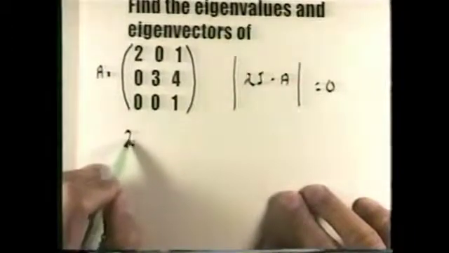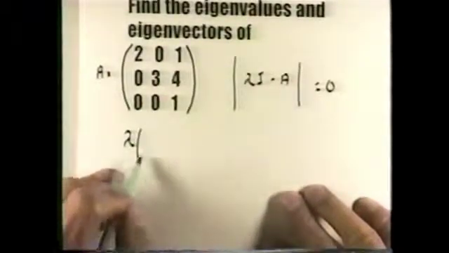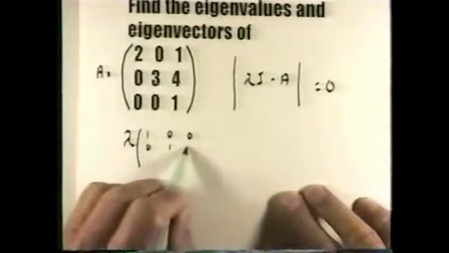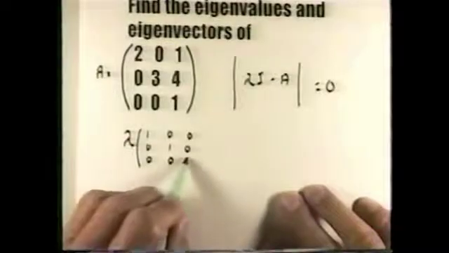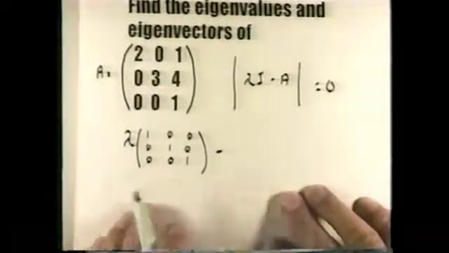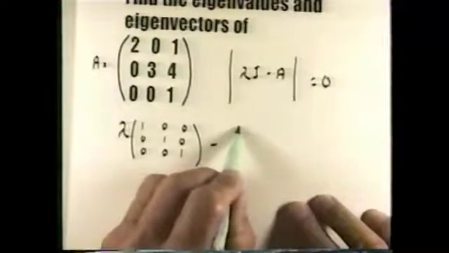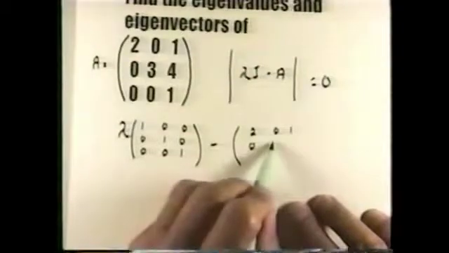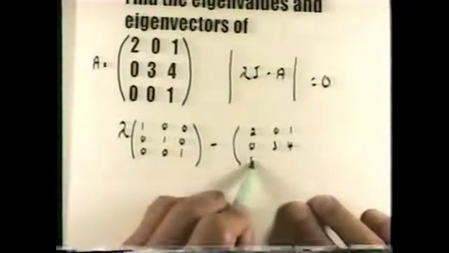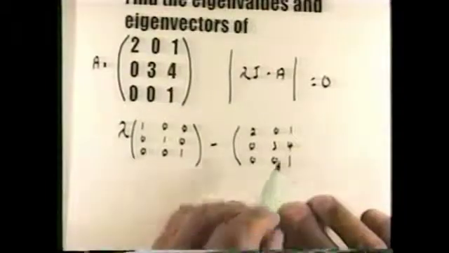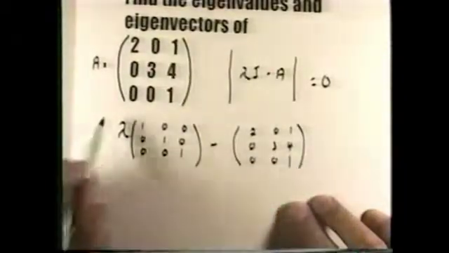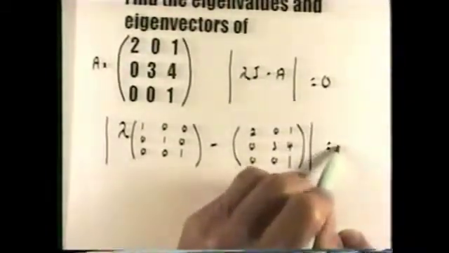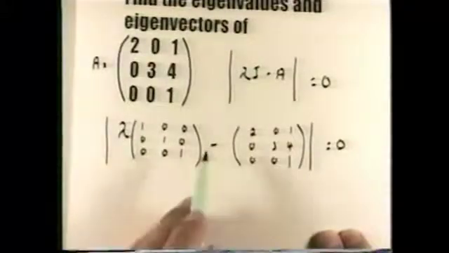So this would be lambda times I, which is 1, 0, 0, 0, 1, 0, 0, 0, 1, minus A, 2, 0, 1, 0, 3, 4, 0, 0, 1. So we want this determinant to be 0.